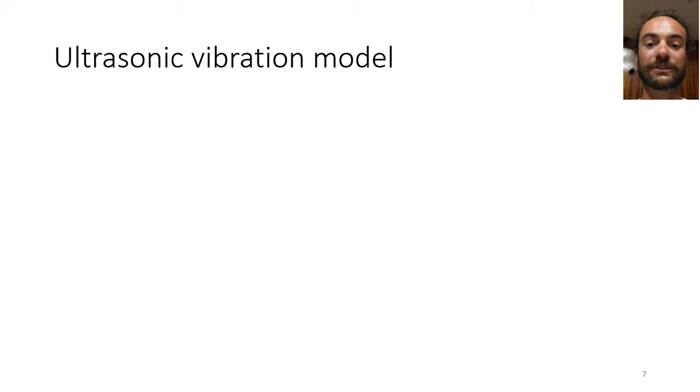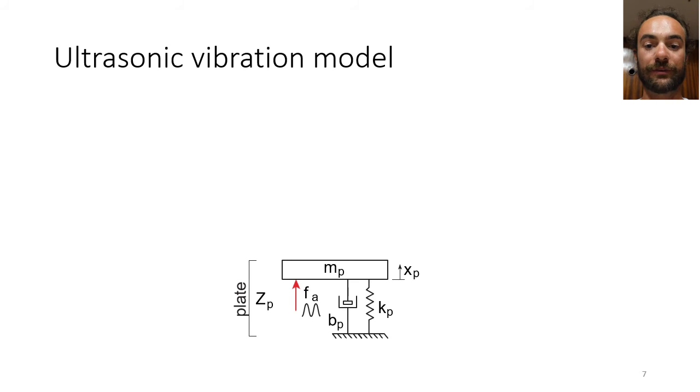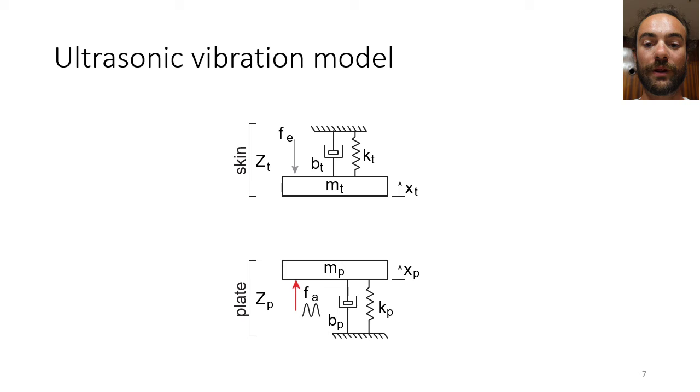Within the frequency range of the ultrasonic vibration, around 30 kHz, the plate could be modeled as a second-order oscillator, which is excited by an activation force. Also, around the excitation frequency, the fingertip behavior could be modeled as a second-order dynamic system. The connection between these two bodies is made by the contact itself. The contact is made by a spring and a damper that represent the squeeze film pressure and the end asperities of the skin.